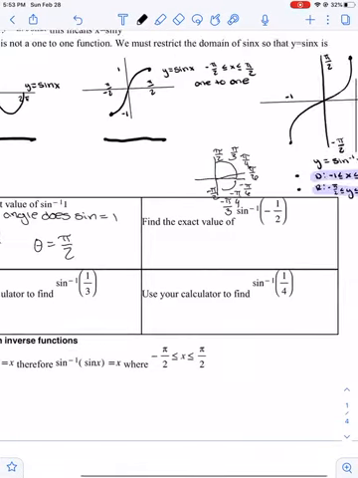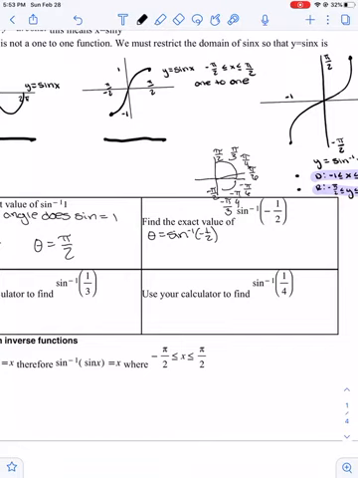All right, find the exact value of sine inverse of -1/2. So when does sine equal -1/2? So at what angle does sine equal -1/2? So if we go to our unit circle, we find that sine equals -1/2 at 11 pi over 6.